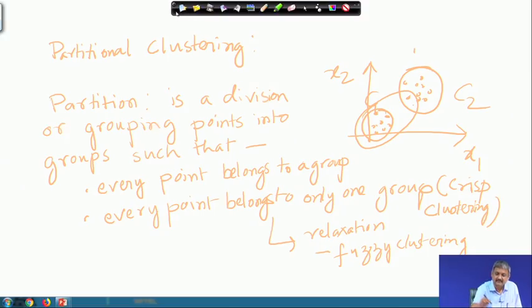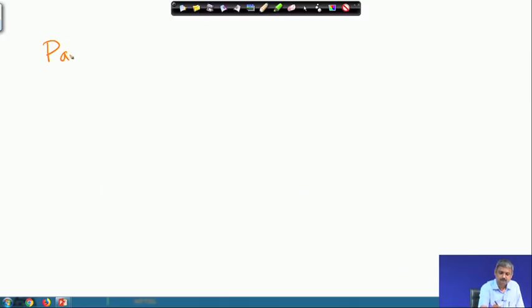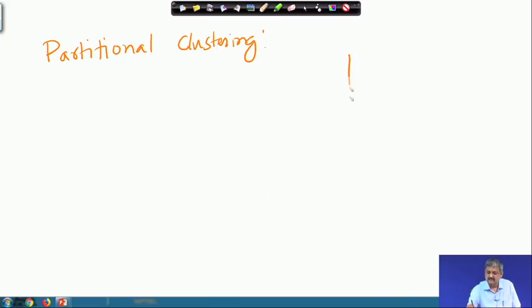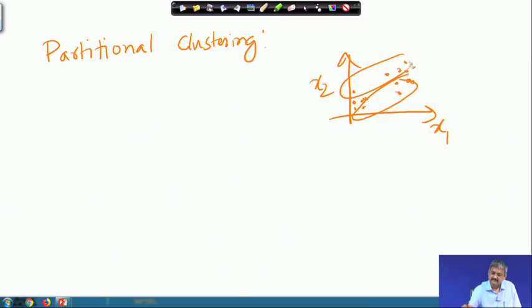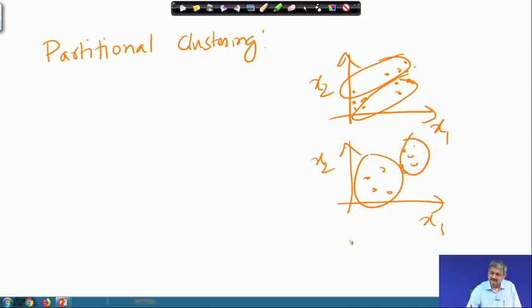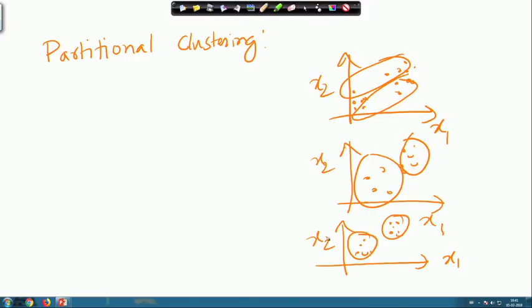So, what do partitional algorithms do? You have your points, you make all possible partitions, this is a partition, this is another partition, this is another partition.